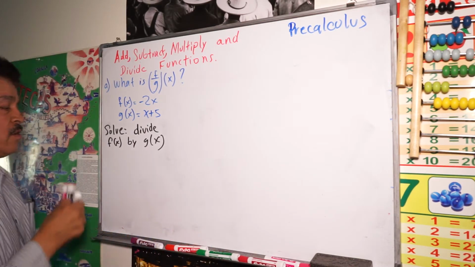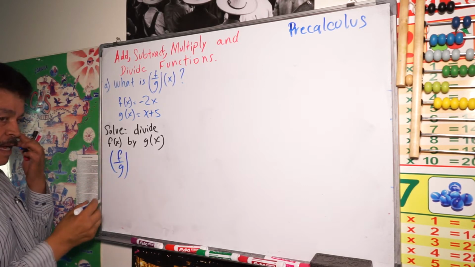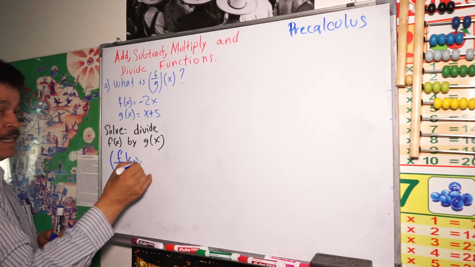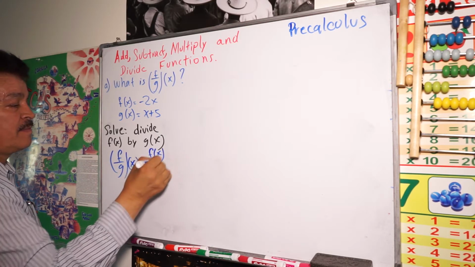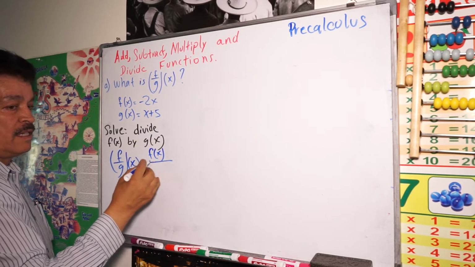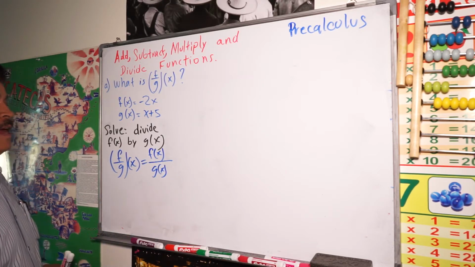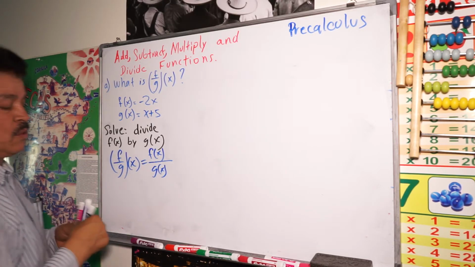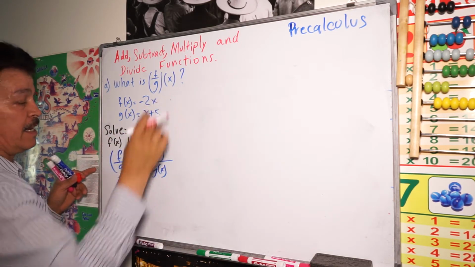You must write it this way: (f divided by g)(x) is equal to f(x) divided by g(x). Then we substitute the values, the data.